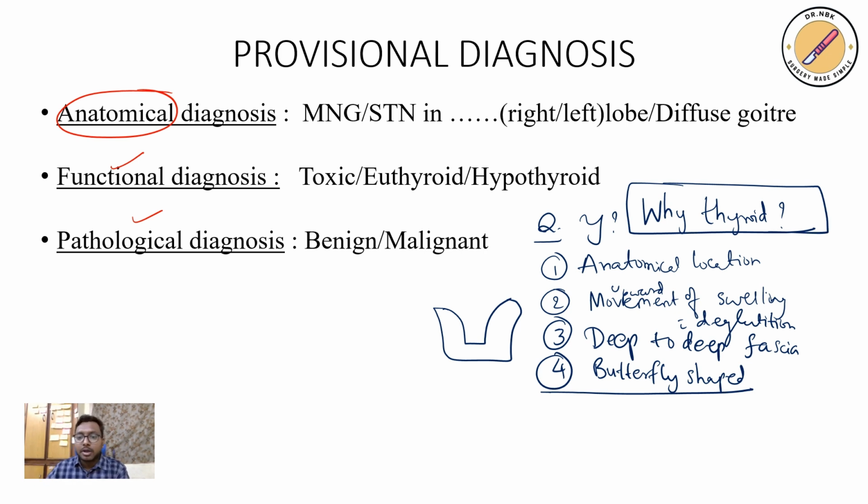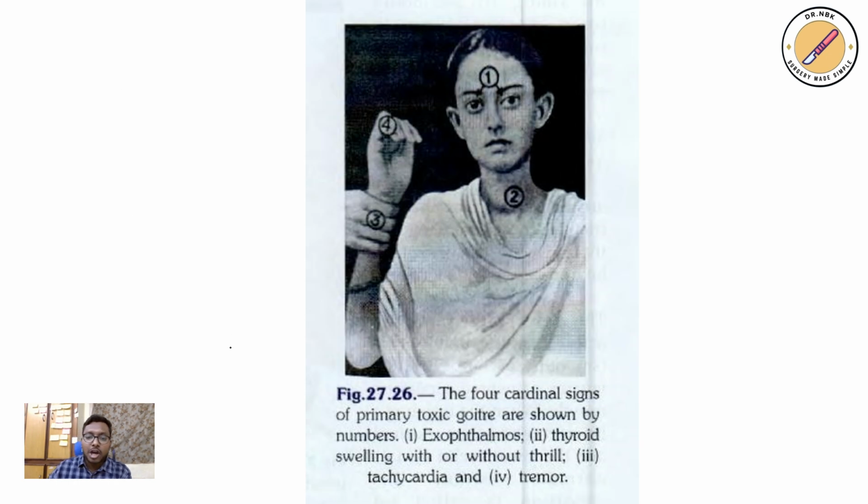Next, coming to the four cardinal signs of primary toxic goiter. This is a very important entity commonly asked by examiners. First one is, you can see in primary toxic goiter there will be thyroid ophthalmopathy, nothing but exophthalmos. Then you have a goiter, nothing but thyroid swelling.